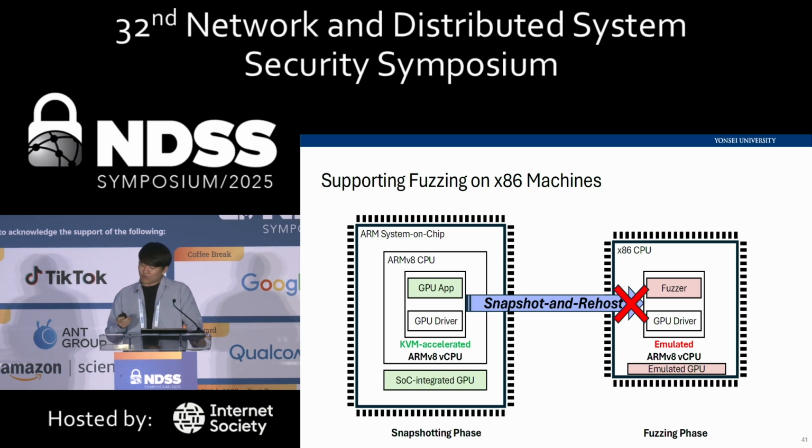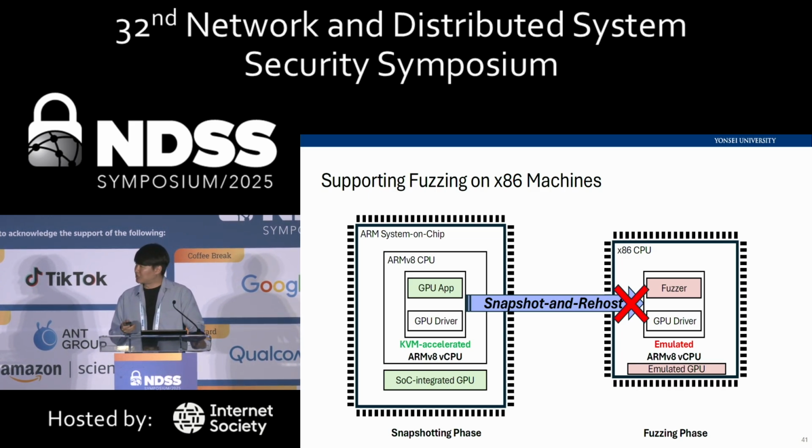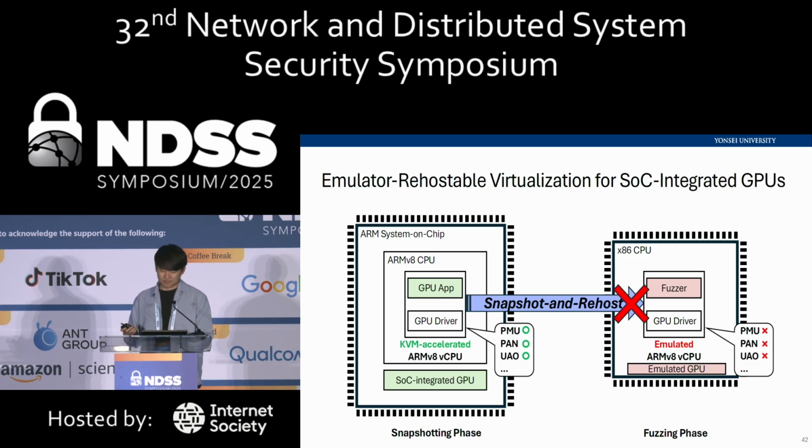However, for integrated GPUs on ARM, the emulated ARM vCPU was not up to date with the actual ARM CPUs, and this made rehosting fail. Precisely, rehosting failed because of the CPU feature differences between the snapshotting and fuzzing environments.